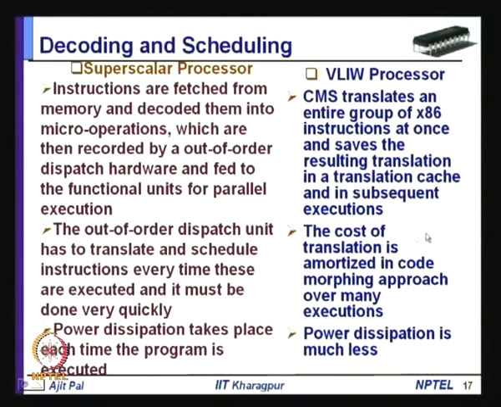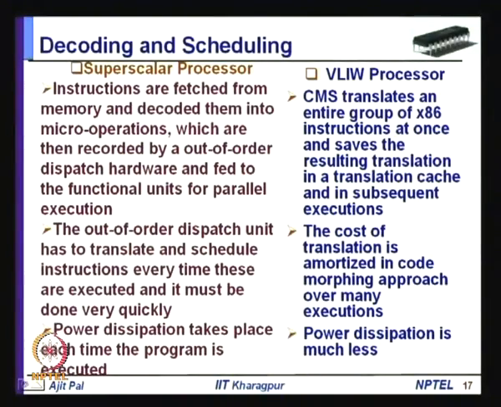And what happens in this case, the cost of translation is amortized in the code morphing approach over many executions. That means, obviously the translation operation done by the code morphing software has some overhead. That overhead cost is amortized over a large number of executions. So, as a consequence, what is happening?